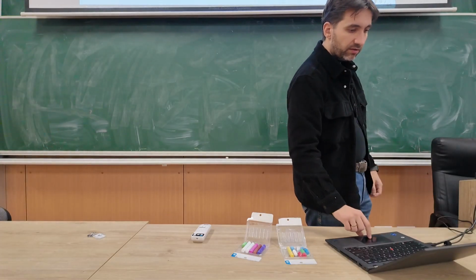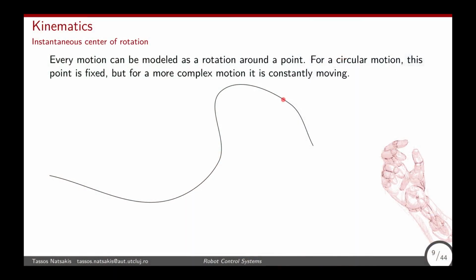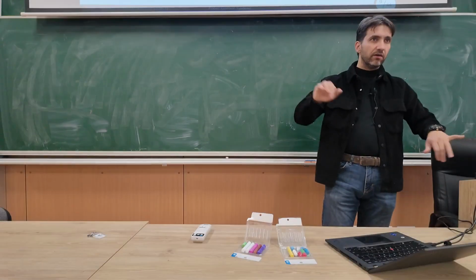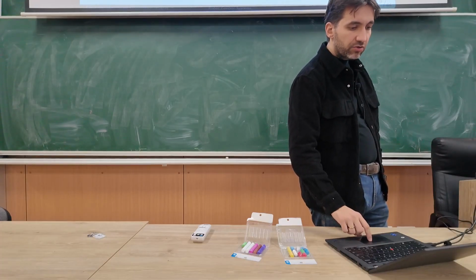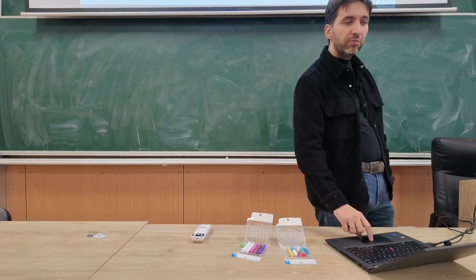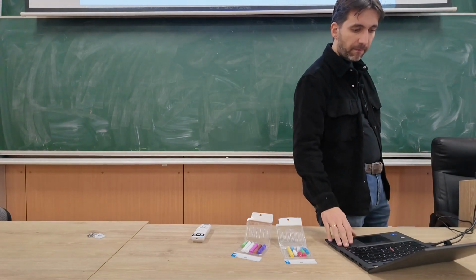So we take this kind of trajectory. This is just a line I drew, nothing meaningful, but we calculate at each point what we call the instantaneous center of rotation, which is basically the curvature of the trajectory, because we are going to control the robot based on this property, right?